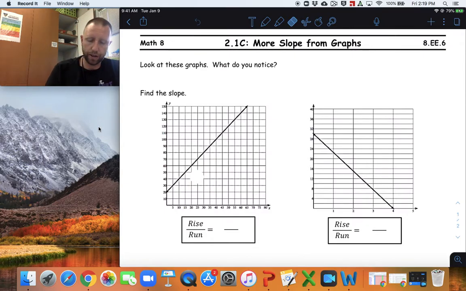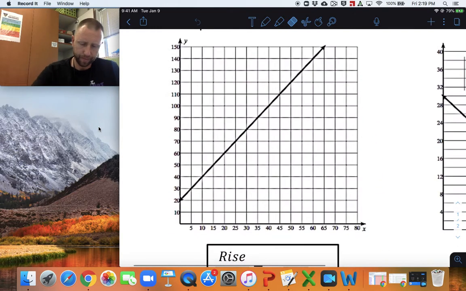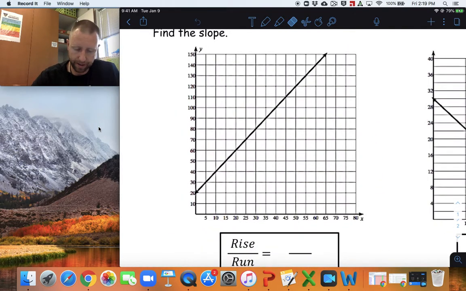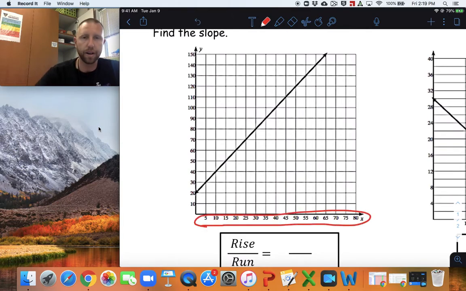Okay, well, when I look at these graphs, the first thing I notice is on the x-axis, those numbers are not counting by ones. Instead, they're counting by fives. So each line is not worth 1, it's worth 5.